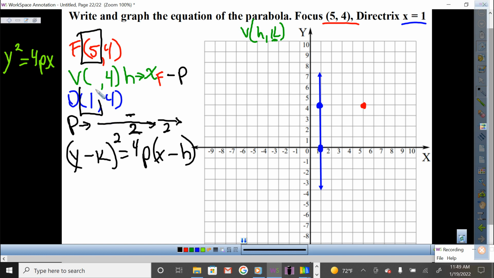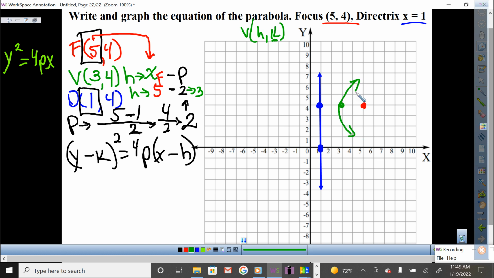Subtract this from this. 5 minus 1 is 4. 4 divided by 2 is 2. That goes there. The x value of the focus is 5. So to find h, that is 3. 3, 4, parabola. And you know what to do to rewrite this, yes?